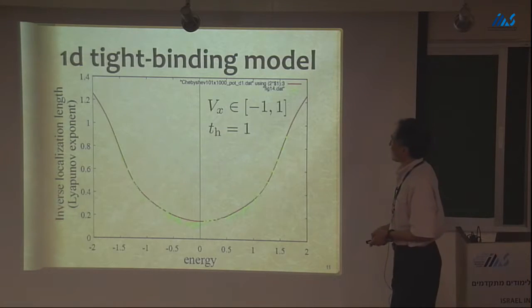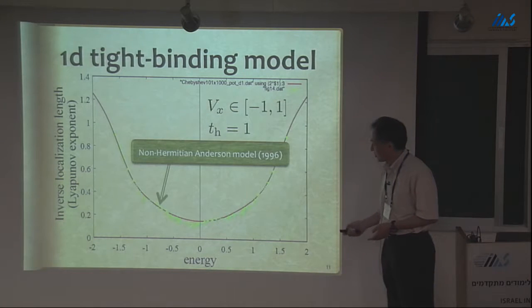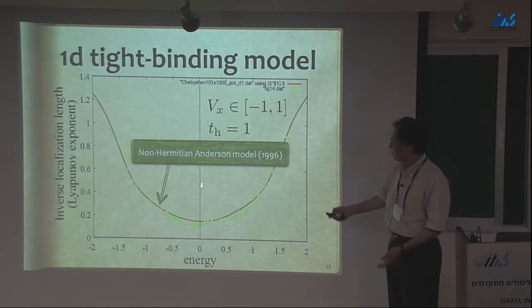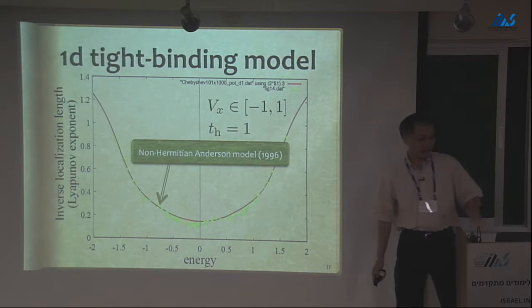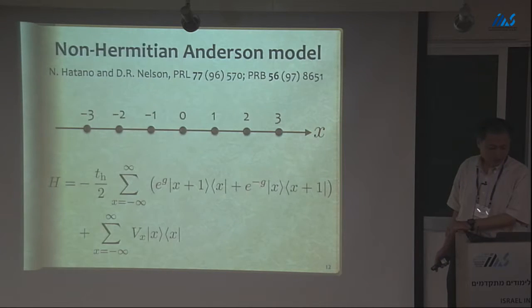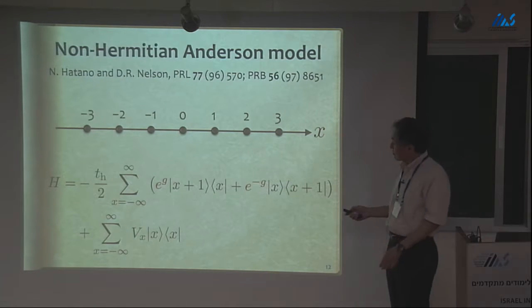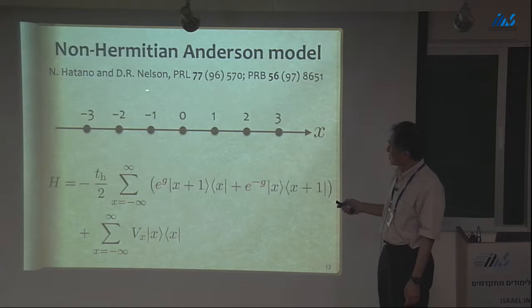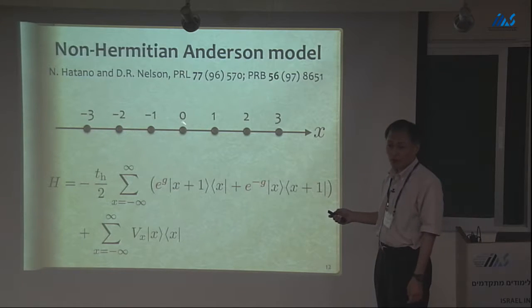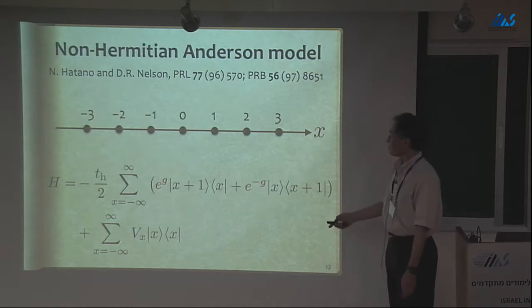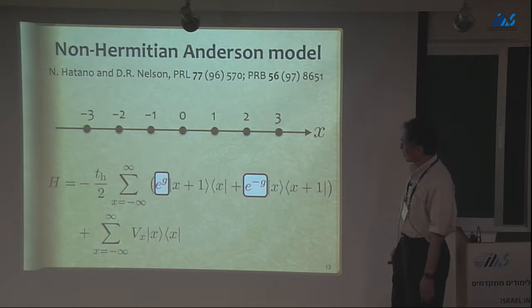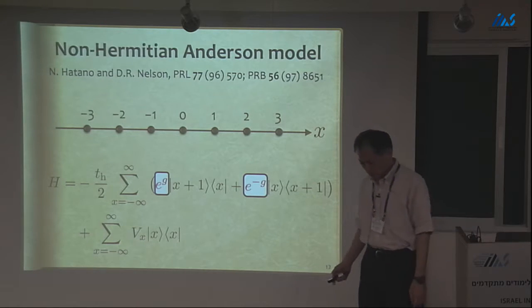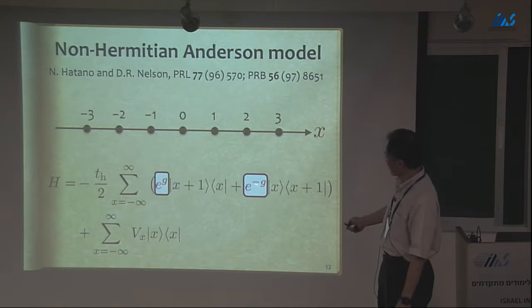So now I'm going to talk about the first method, which I found in '96, and that's about making that 1D tight binding model non-Hermitian. The non-Hermitian coefficient is introduced in this way.